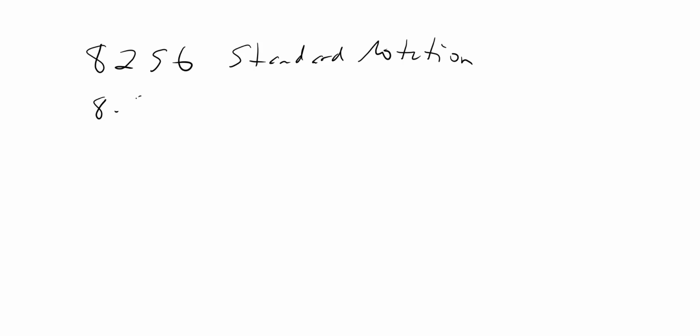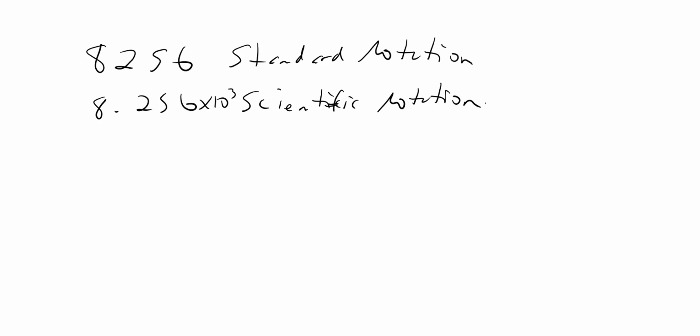And 8.256 times 10 to the, let's move over 1, 2, 3, is scientific notation. Okay, so we've done everything where we've started in standard and we went to scientific. Let's go the other way around now. So we want to go from scientific to standard, and that's just as easy.